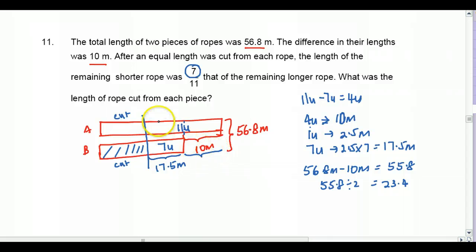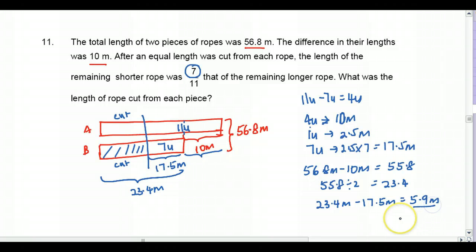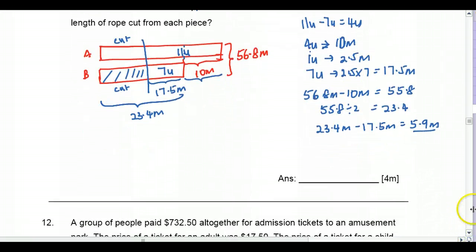So I know this part here is 23.4 meters, right? So my rope B is 23.4. So I take 23.4 meters minus 17.5 meters, and the length of the rope cut was 5.9 meters. Answer is 5.9 meters.